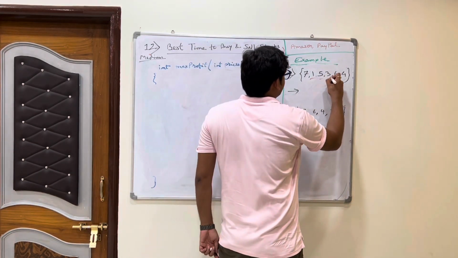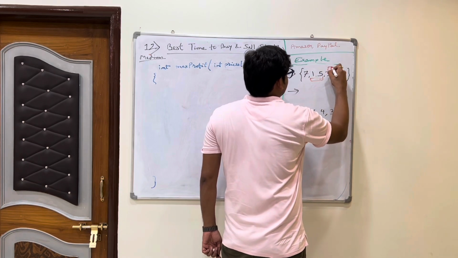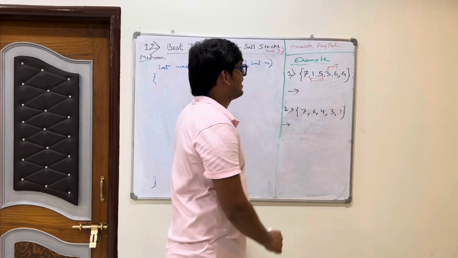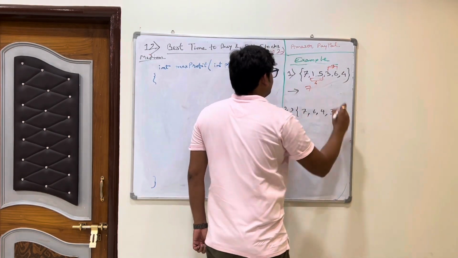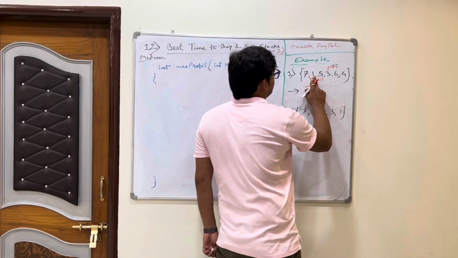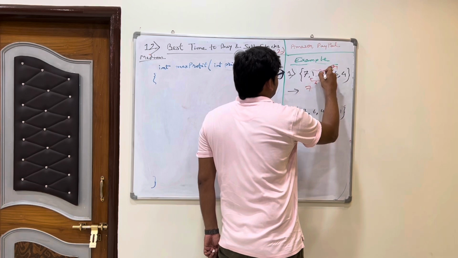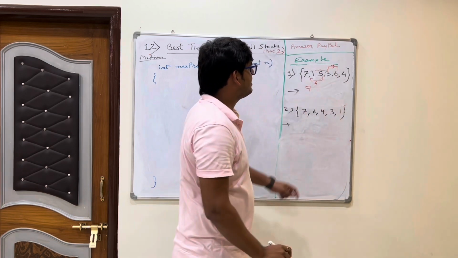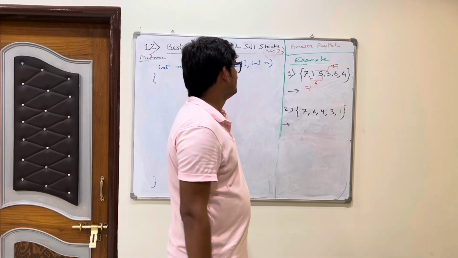Again he buys at day 4 and sells it at day 5, and again he gets a profit of 3. 4 plus 3, the value is 7. He could have bought it at day 1 and sold it at day 3 or day 4 as well, but in this case the profit would have been lesser, right?